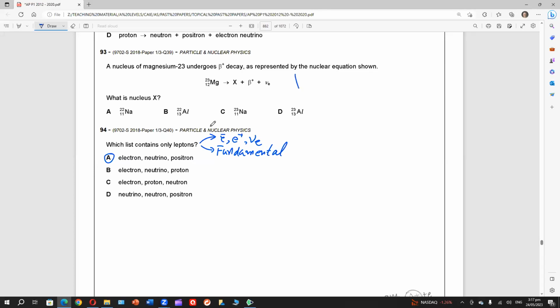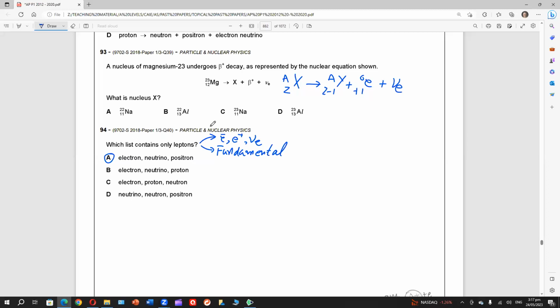Let's write the fundamental equation for beta plus decay, with a positron, and then a neutrino will be formed. So the proton number will decrease by one and the mass number will stay the same.